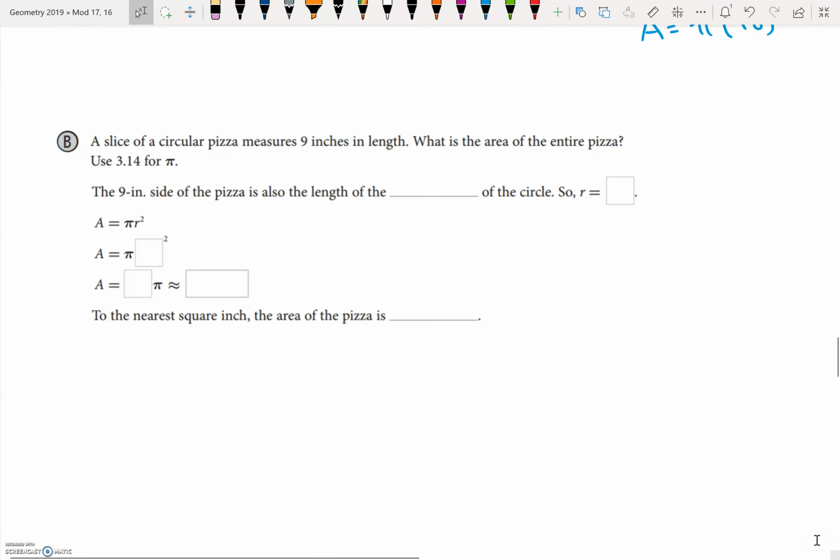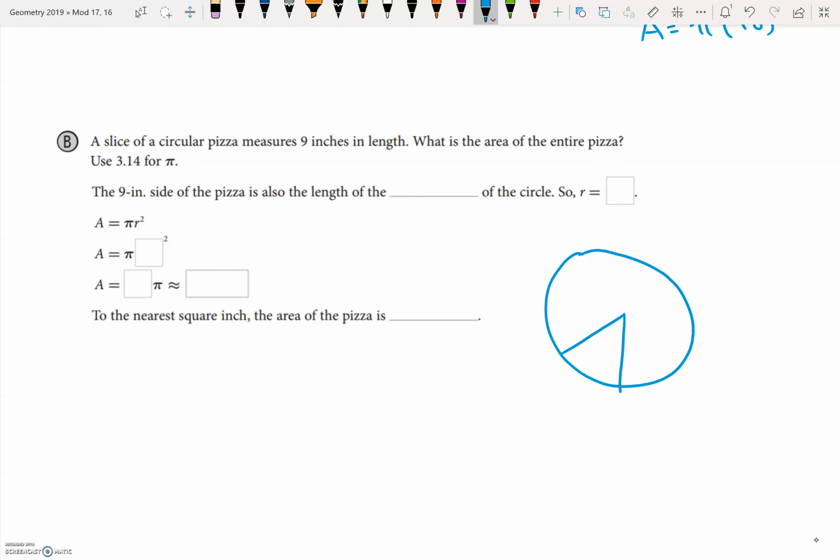It says here in B that we have a slice of pizza. It measures 9 inches in length. So here is our pizza. Here is our 9 inches in length. It doesn't matter which one we call it. We'll say this one's 9 inches. What is the area of the entire pizza? Well, area equals pi times 9 squared. So we could say 81 pi.